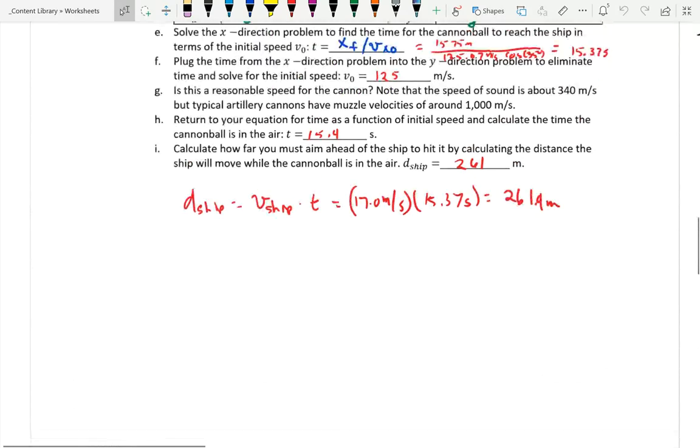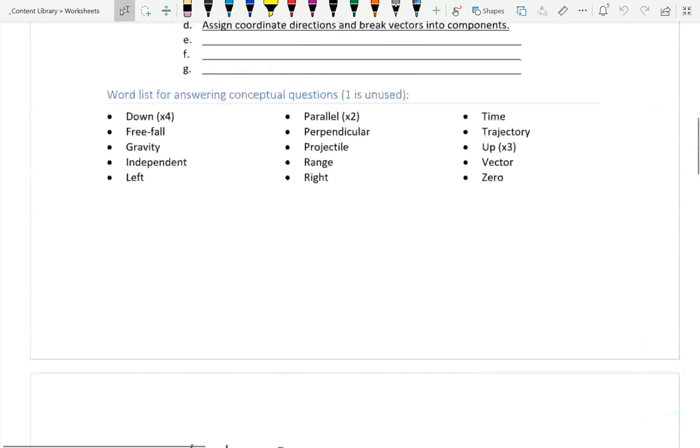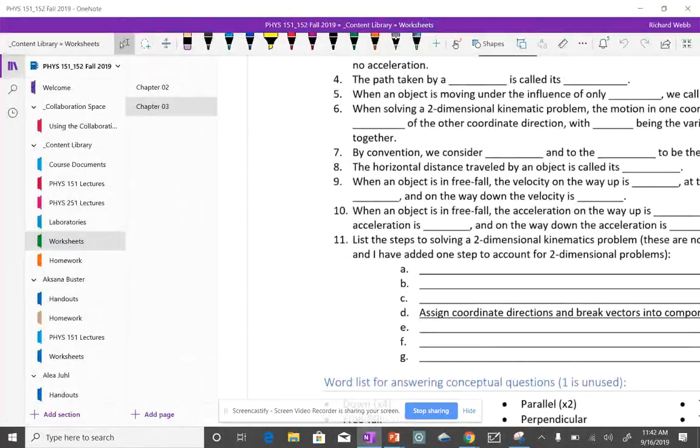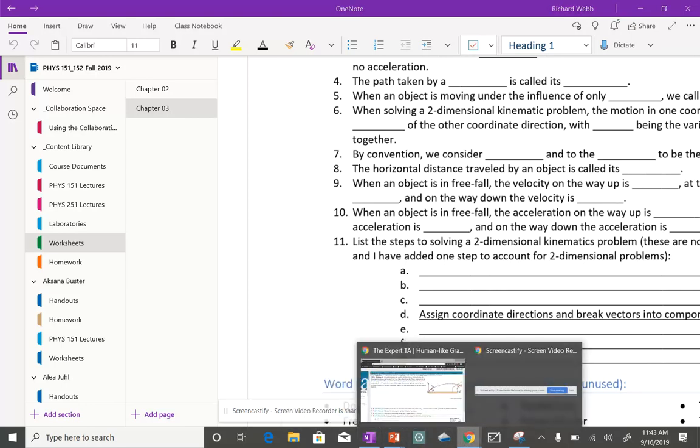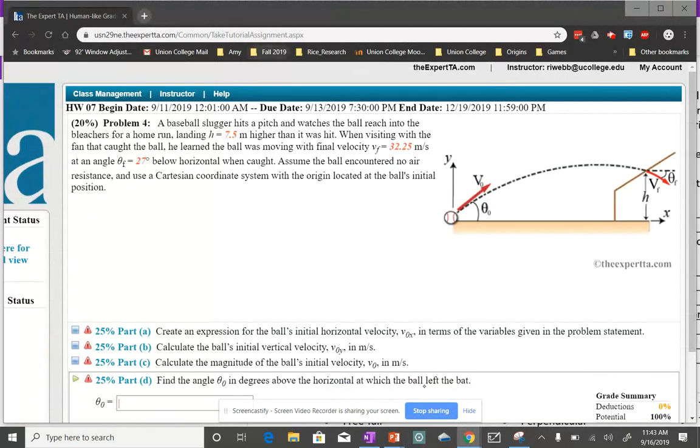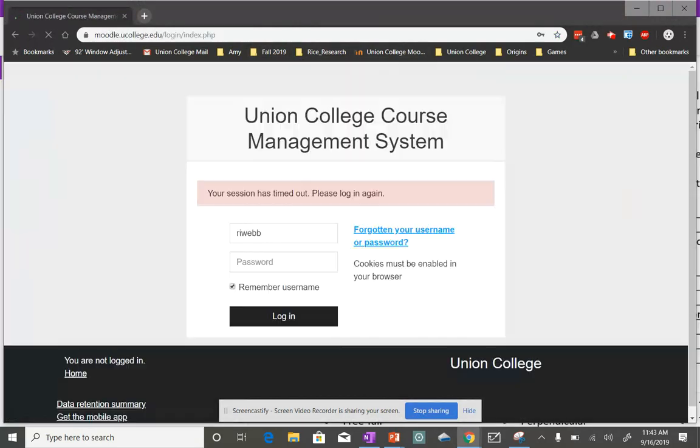Okay, so now let's go and just look at problems. So once again, this is on OneNote. Everybody has access to OneNote. You should have all received an email from it. And even if you can't find that email, you should be able to go to Moodle. And in Moodle, there is, see if I can log in correctly.